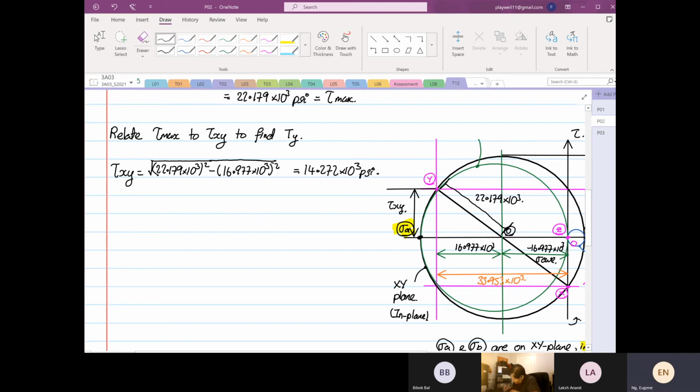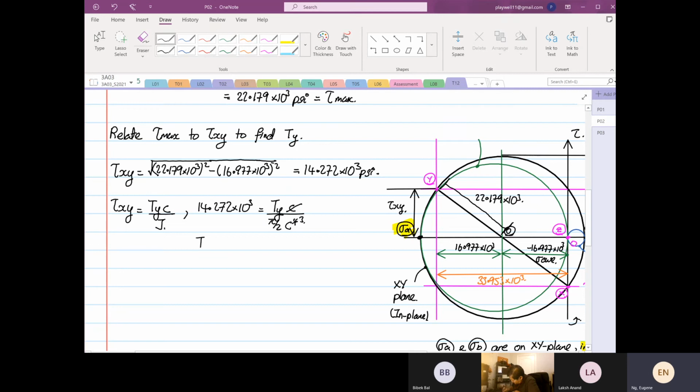Right, so from here we know that the shear xy is equal to the torque about the y-axis multiplied by c divided by J. So this will be equal to 14.272 times 10 to the power 3, and then torque in the y we're going to find, c divided by pi over 2 c to the 4. Cancel, it becomes cube.